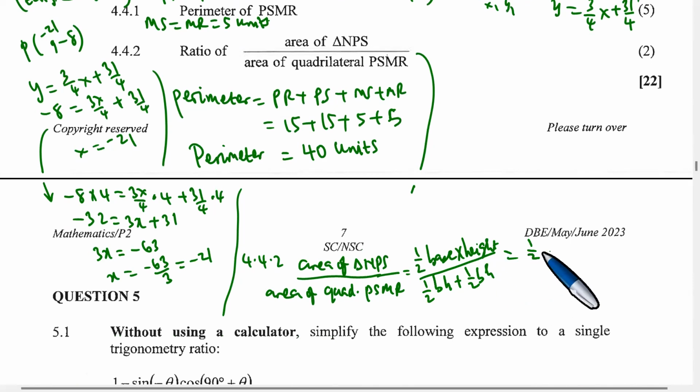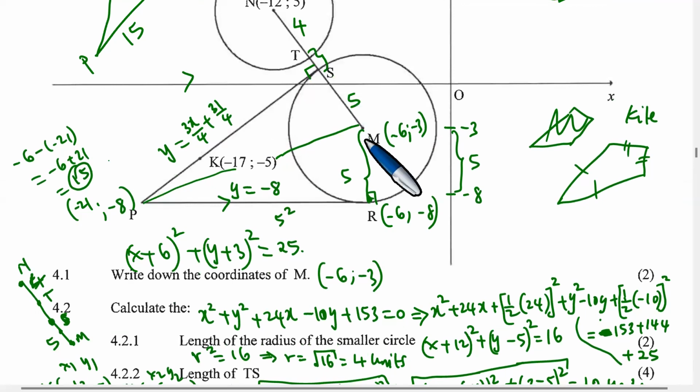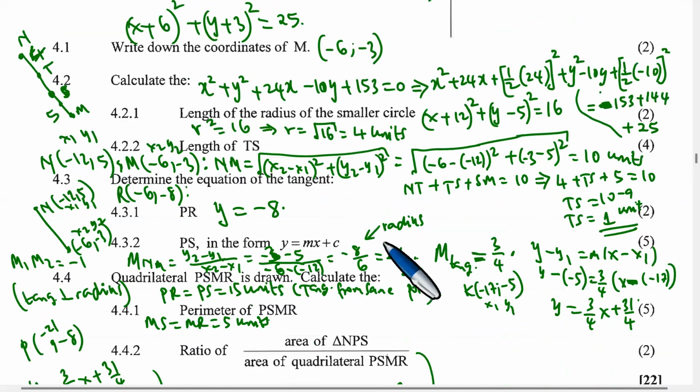The area of the top is half the base, which is the tangent, and the height is 5. Plus half the base, where the base is 15 and the height is 5.